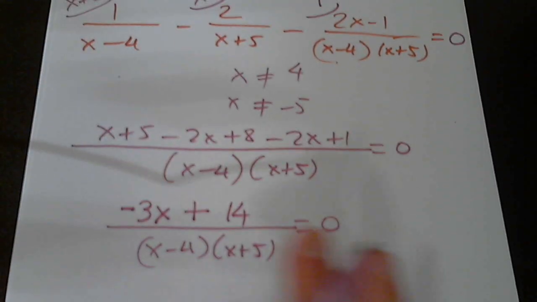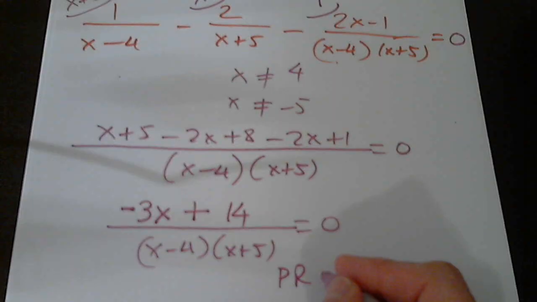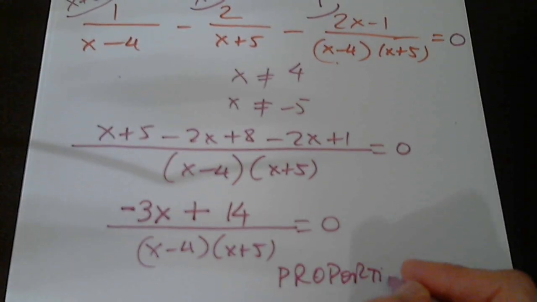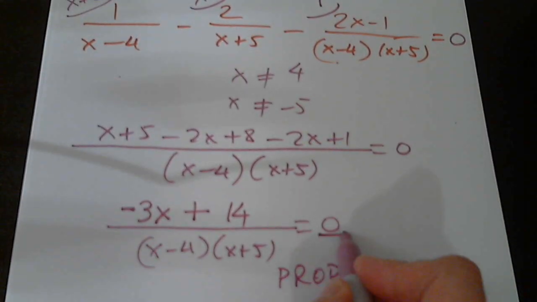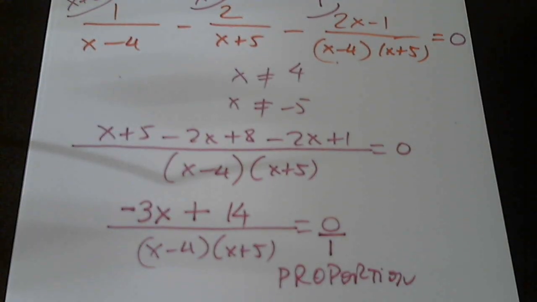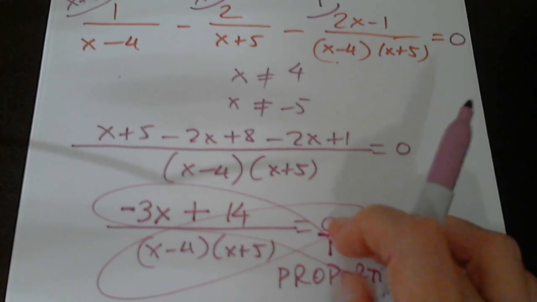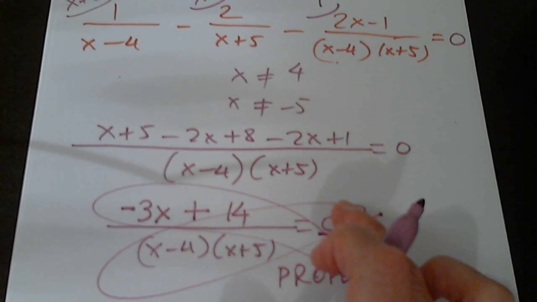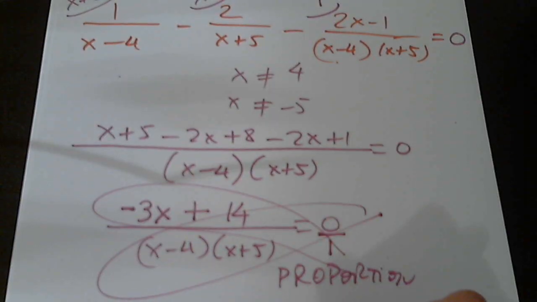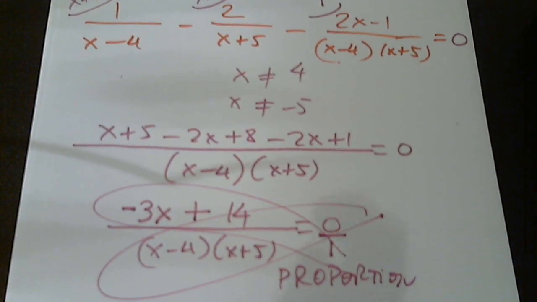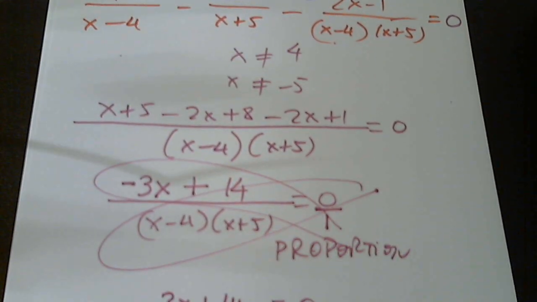Excellent. Now this is our best friend, proportion, because I can write 0 over 1. So this product equals this product. How much is this times 0? 0. Excellent. How much is this times this? Perfect. What do I do next?